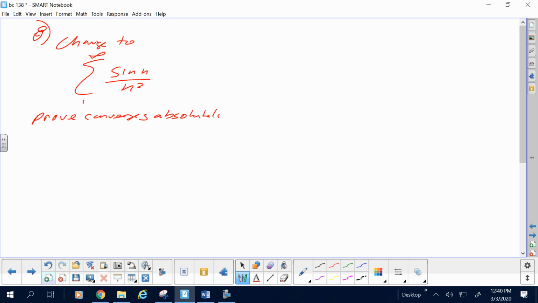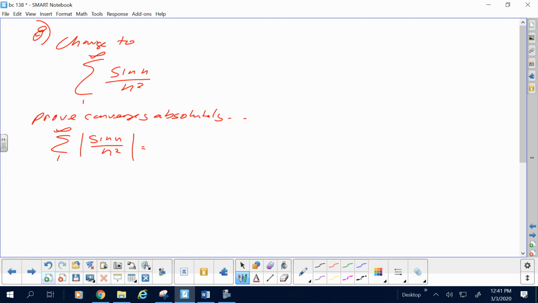I know generally we think of absolute convergence as an alternating thing, but it really just means if we remove sign from the calculation, does it converge? And by sign I mean positive or negative sign, not sine. If I remove the positive and negative component and just look at the absolute value, does it converge?